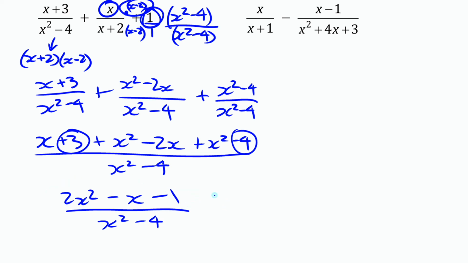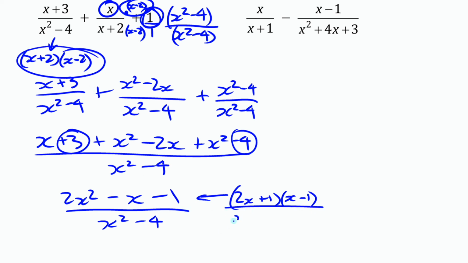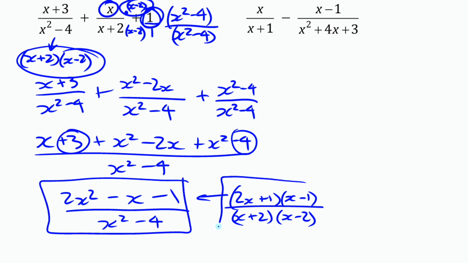You'll actually find that if you factor it, this thing is equal to 2x plus 1, x minus 1. If you multiply those out, you get that. On the bottom, as we had before, this is x plus 2, x minus 2. As you can see, there's no common factors, but either way is fine, that or that. They're equivalent to each other.